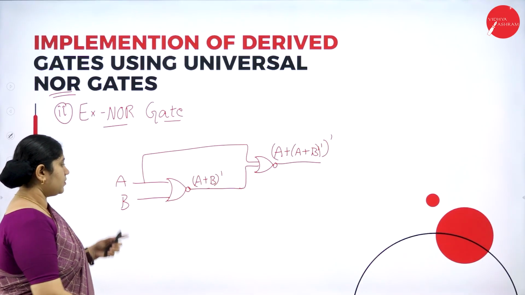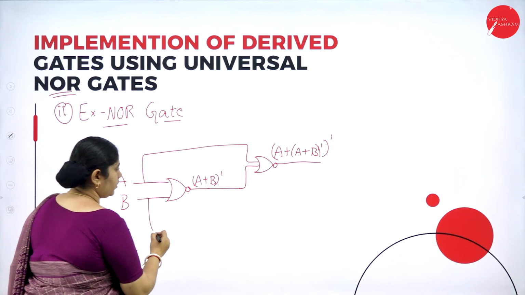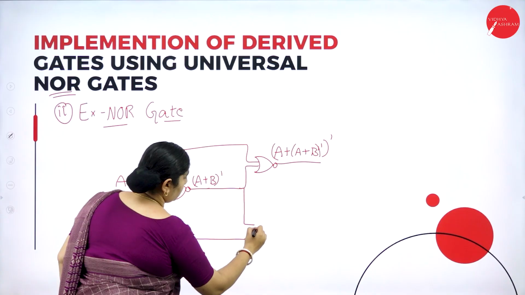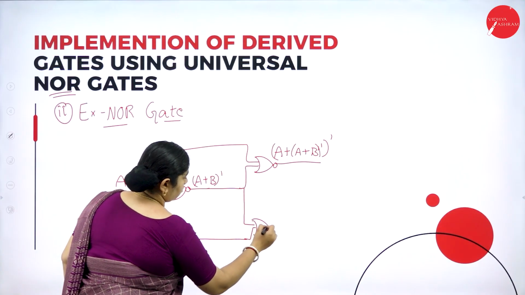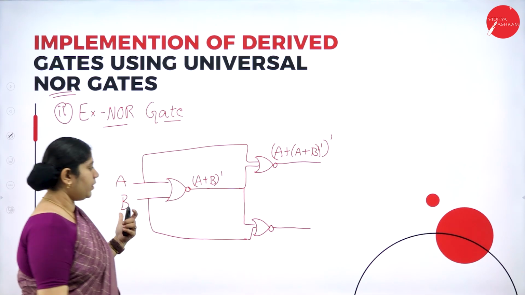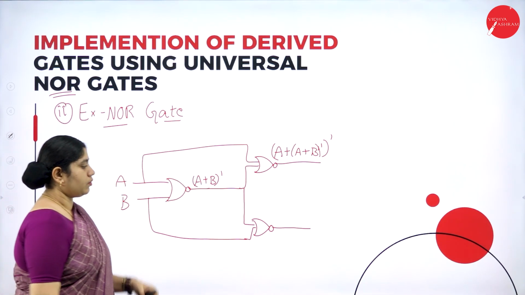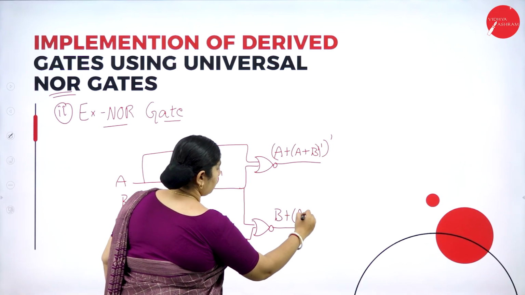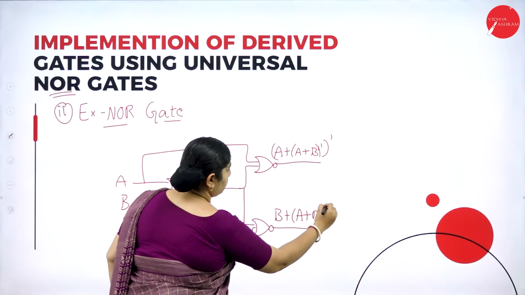Similarly, we again have to draw one more NOR gate here, which gives us a value that is B plus of A plus B whole bar.